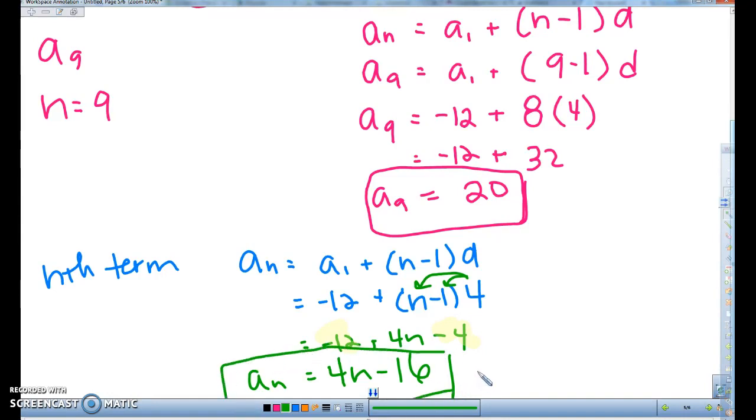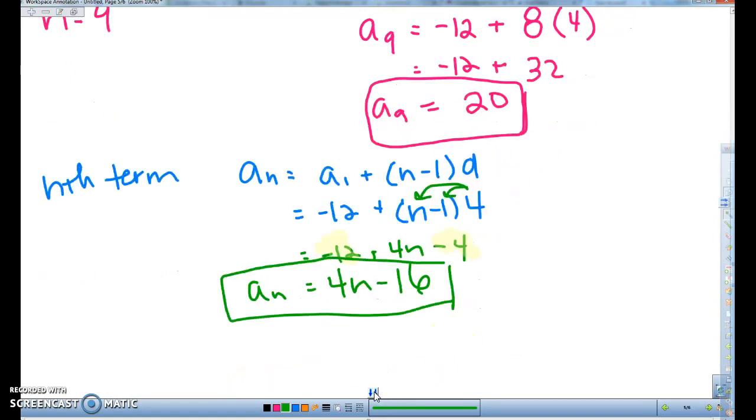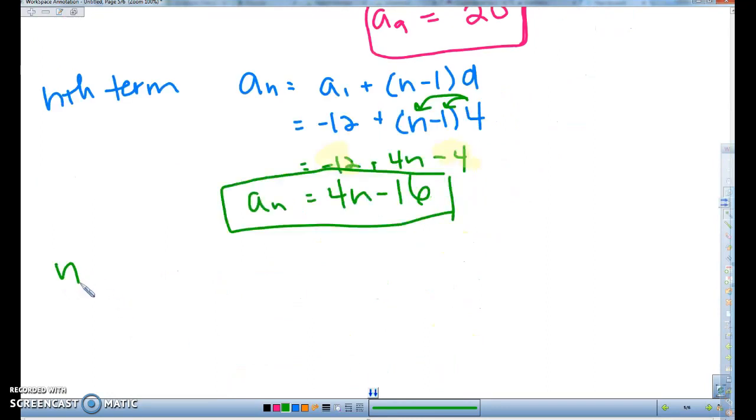So maybe they ask me to find that first, and then they tell me that they want me to find when n equals 9. Well, let's see if we plug it in and get the same answer.